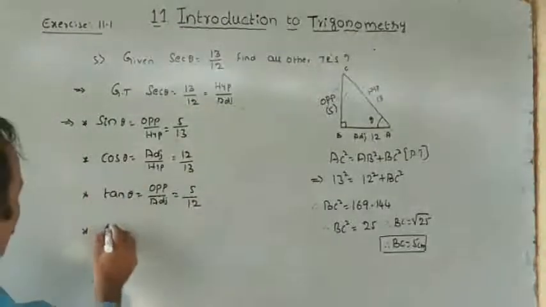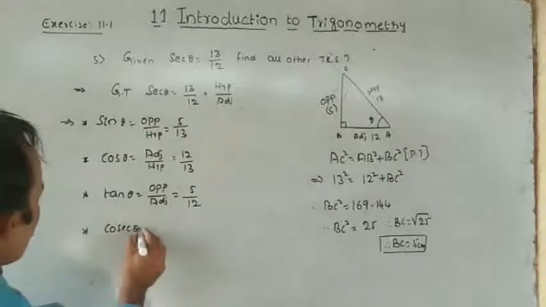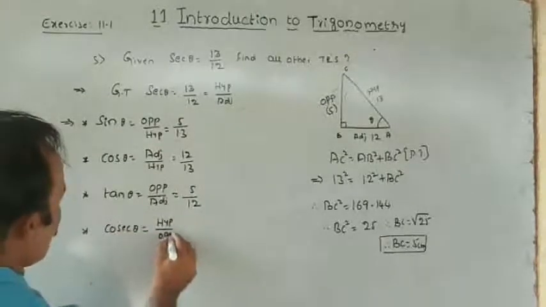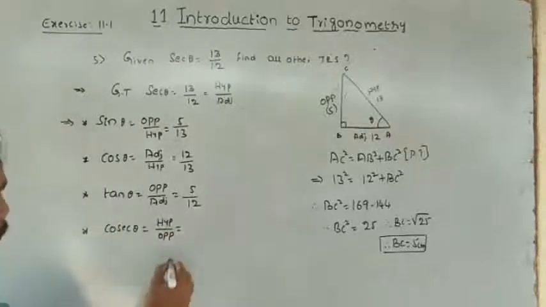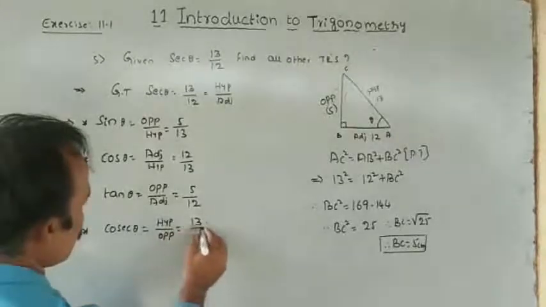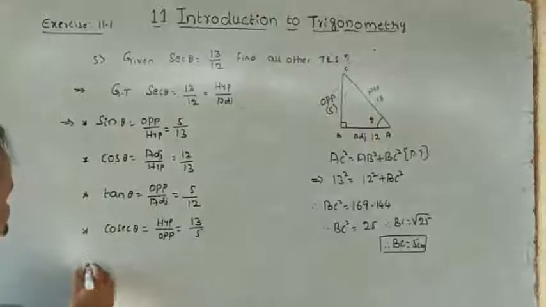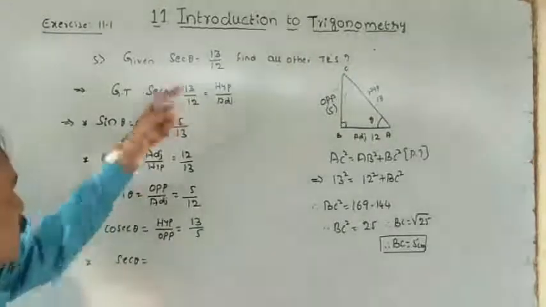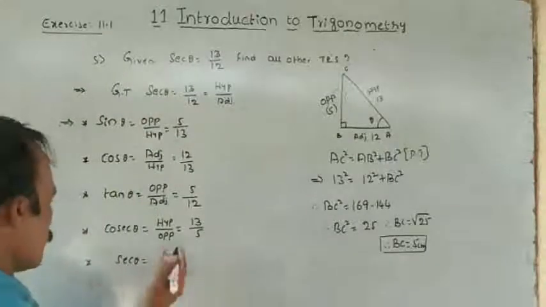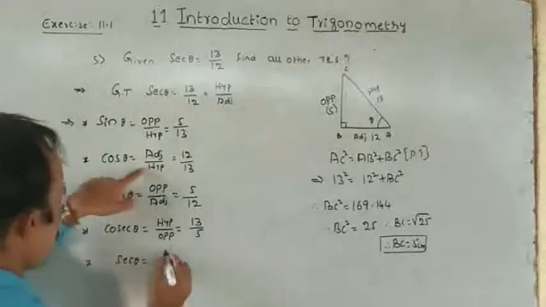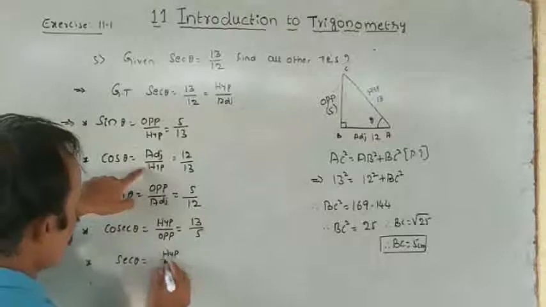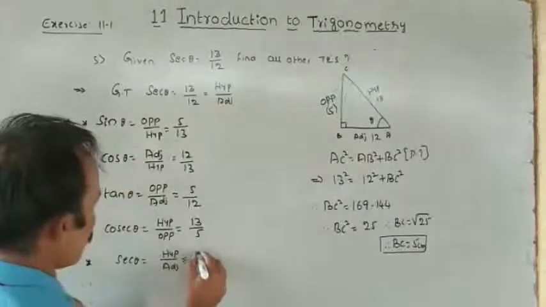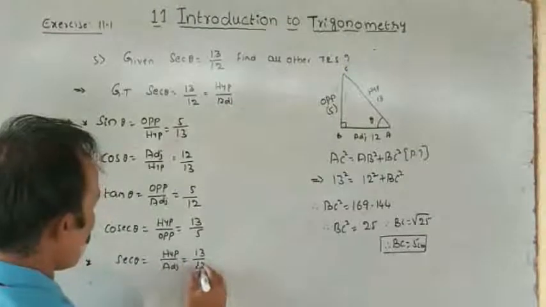Next, the reciprocals one by one. Cosec theta is the reciprocal of sine, that is hypotenuse divided by opposite, which is equal to 13 by 5. Next, the reciprocal of cos, secant theta, is already given; you write the ratio first as hypotenuse divided by adjacent, so this is equal to 13 by 12.